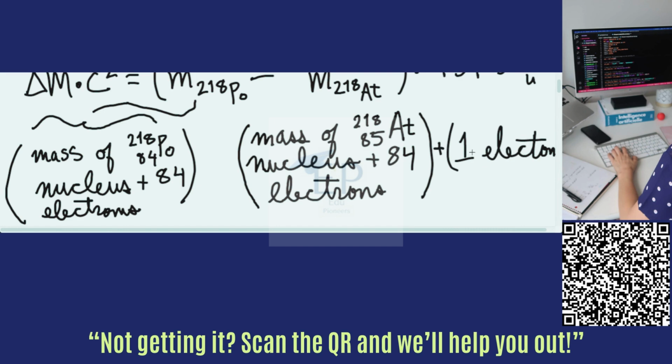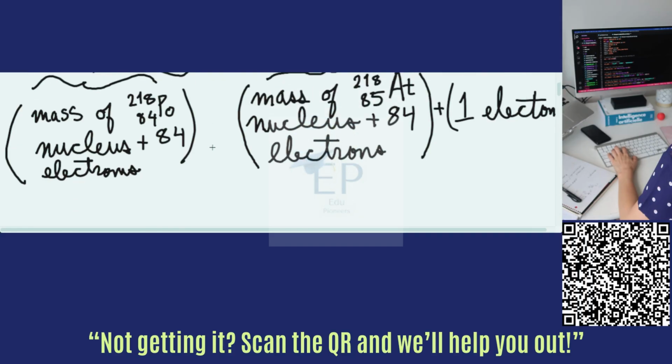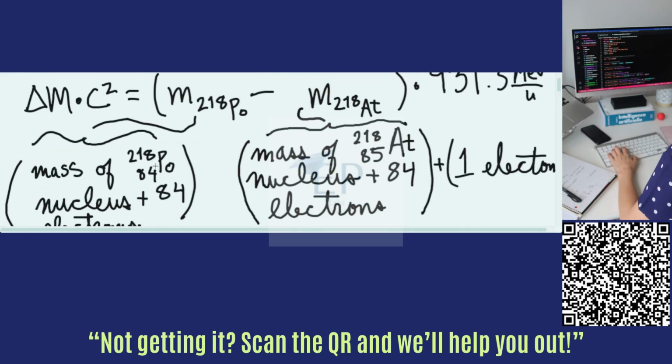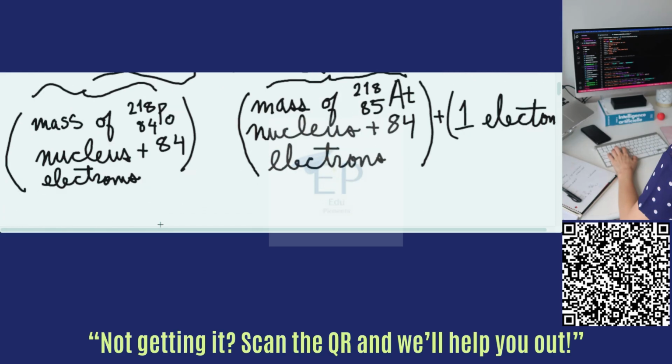So we have a balanced charge now, 84 plus 1 negative charges balances the 85 positive charges in the nucleus of the astatine atom. So all our electrons are accounted for here, and we have accounted for the mass of all the players in this simple two-term difference.